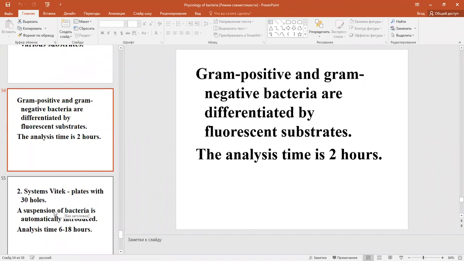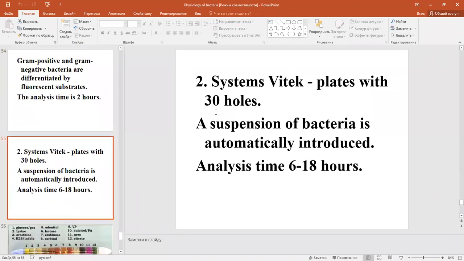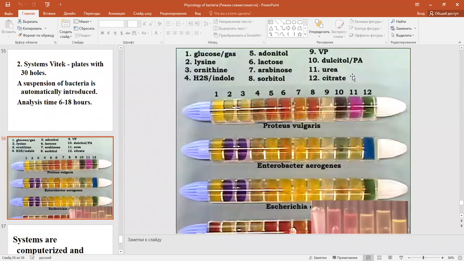Then systems with plates with 30 holes are used. A suspension of bacteria is automatically introduced, and the analysis time is from 6 to 18 hours.